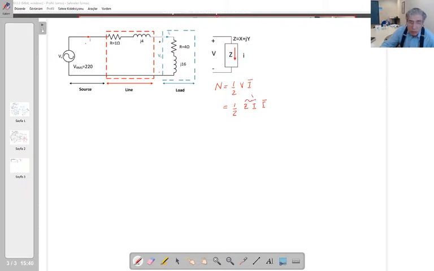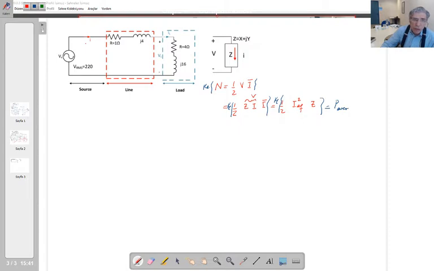So this is equal to 1 over 2 times the effective value of that current, squared, multiplied with Z. Then if I take the real part of it, it will be the P average.